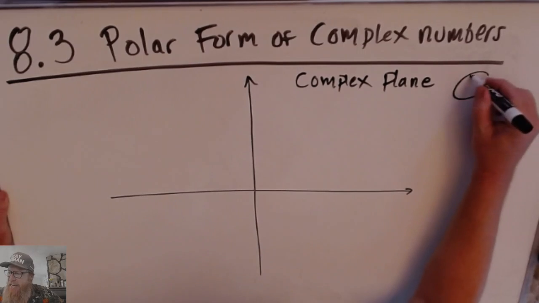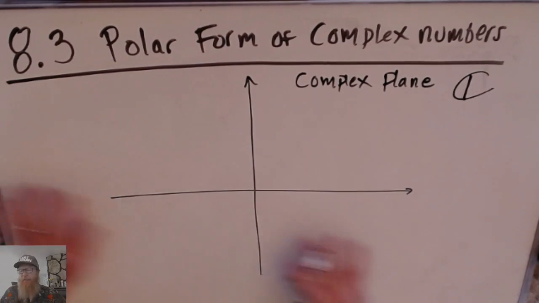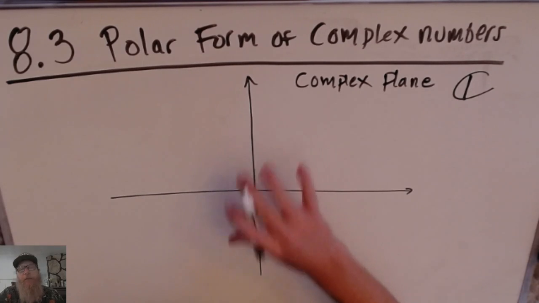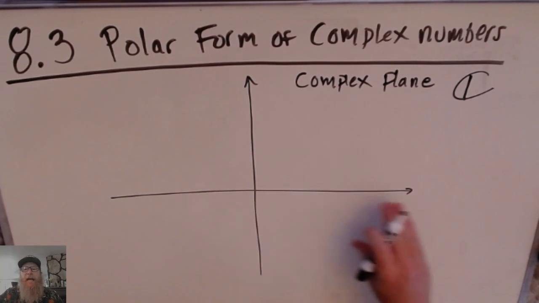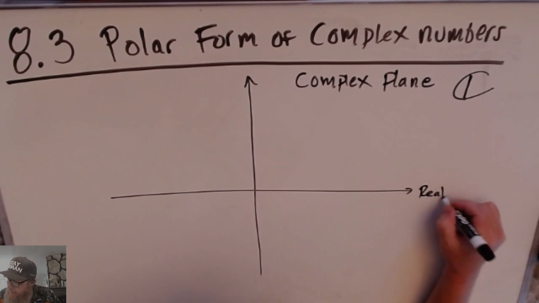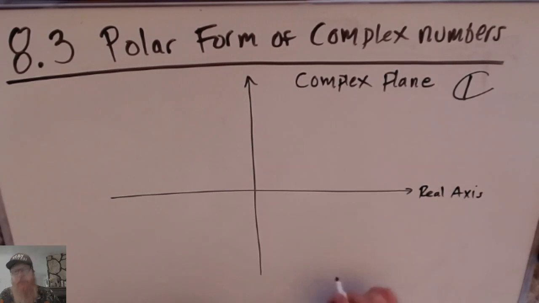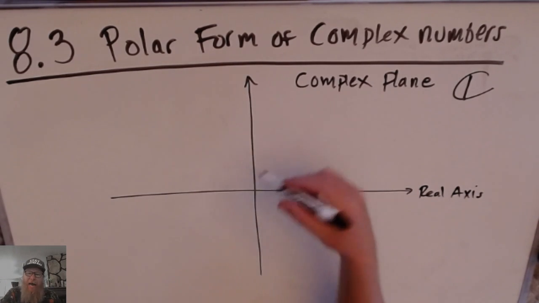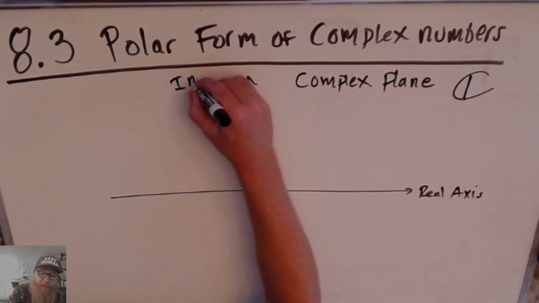Sometimes called C. So the complex plane looks a lot like the rectangular coordinate system. What we used to call the x-axis is called the real axis. And what used to be called the y-axis is called the imaginary axis.